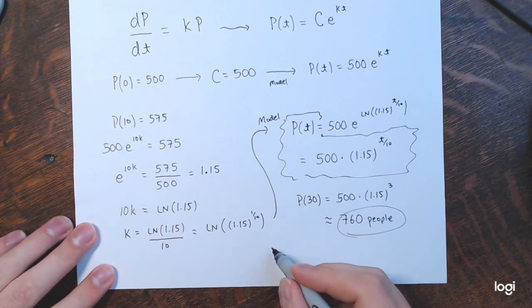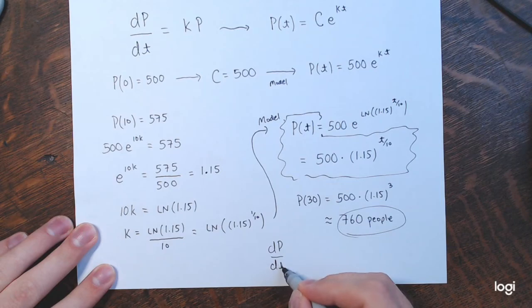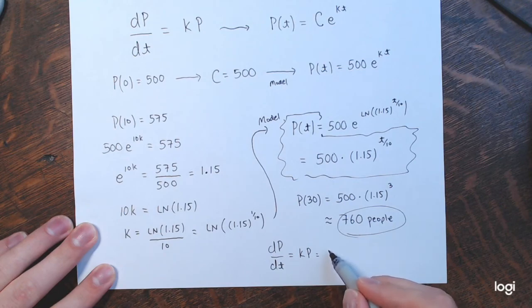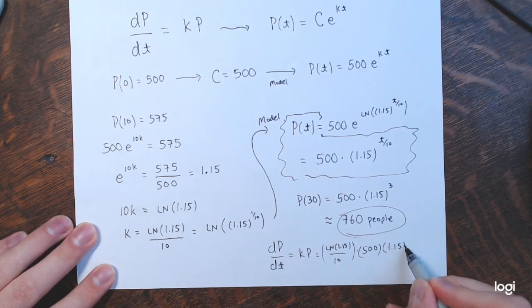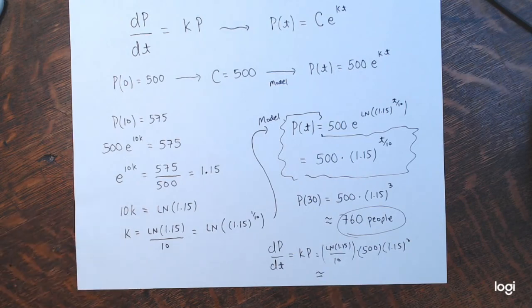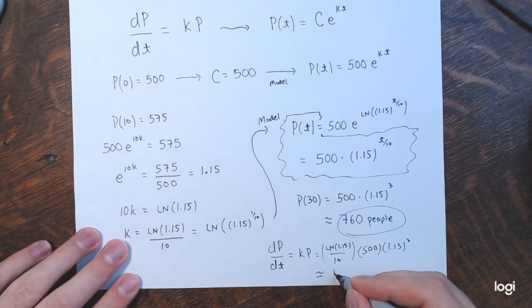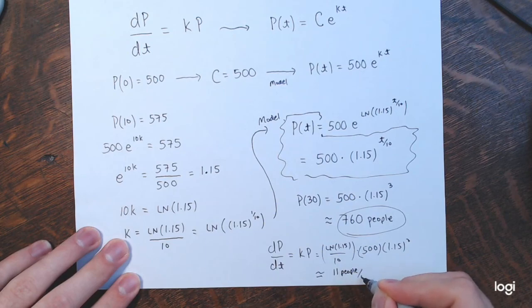So at this time, dp dt would be kp, which is, the k was the natural log of 1.15 divided by 10, times the population at this time, which was 500 times 1.15 to the third power, and we get approximately, rounding to the nearest person, around 11 people per year is the rate at which the population is changing at this moment.